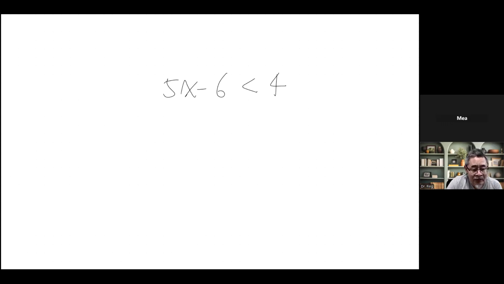Then negative 3x plus 7 greater than -5. Very good. Good job.